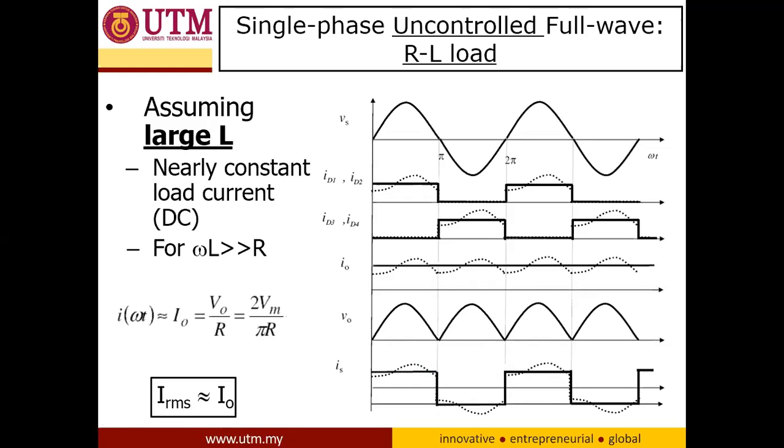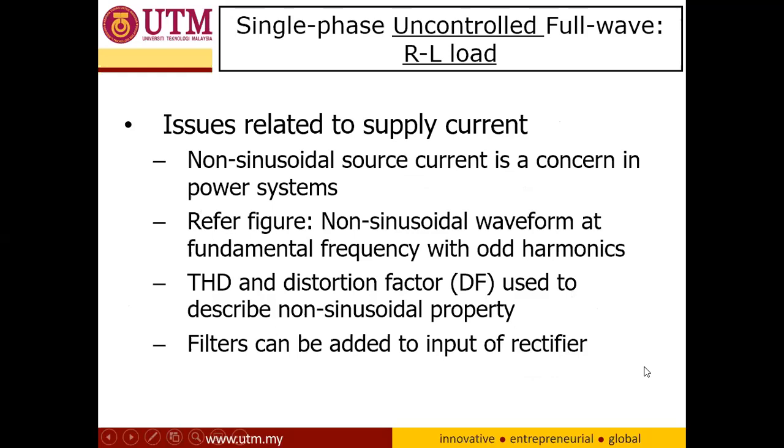But due to this rectification process, the current source becomes a square wave. So this is the main issue faced by TNB.